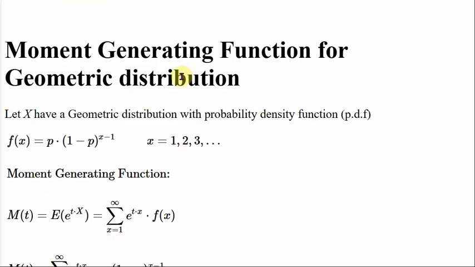And now let's take a look at the geometric distribution. And so again, we said that x has a geometric distribution if it has the following PDF. F of x equal to p times 1 minus p to the x minus 1. Well, x takes on the values 1, 2, 3, 4, 5, and so on.